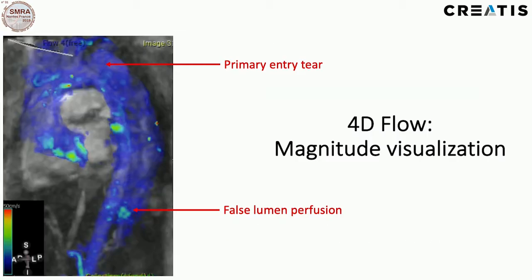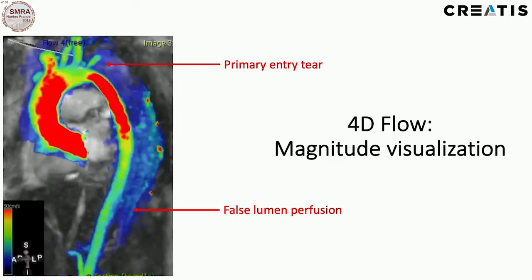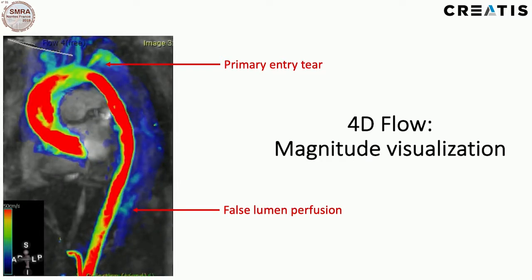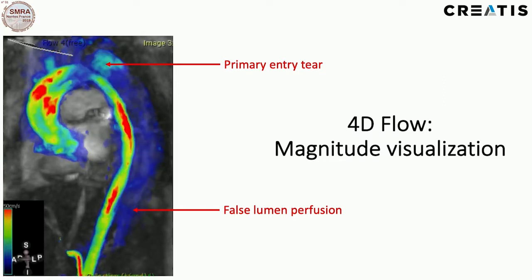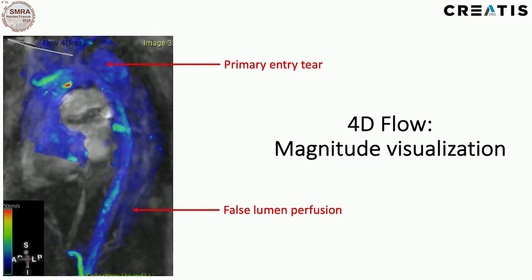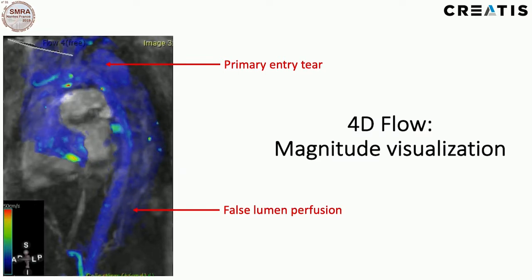But we also realized a 4D flow. And there we see a beautiful primary entry tear. At first, I thought it was the subclavian. It's so beautiful. And after, we also see the perfusion of the false lumen. And concerning the collection, we don't know very well.